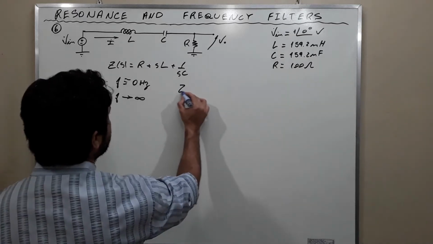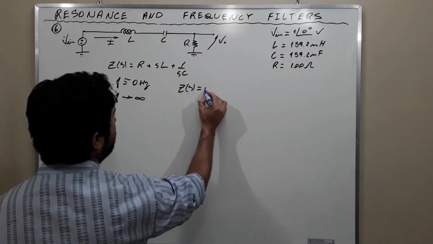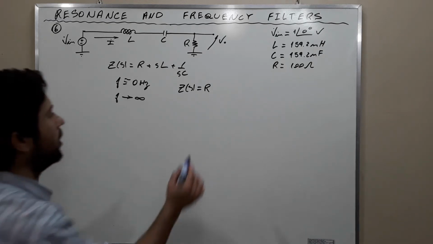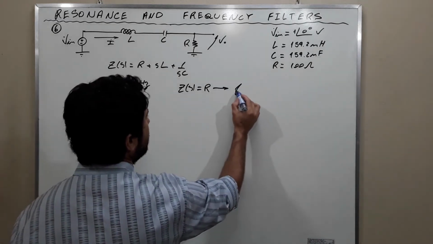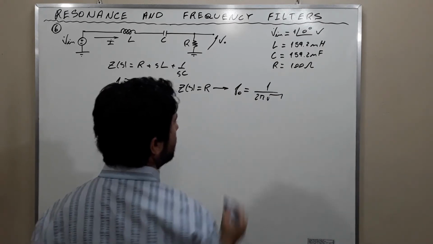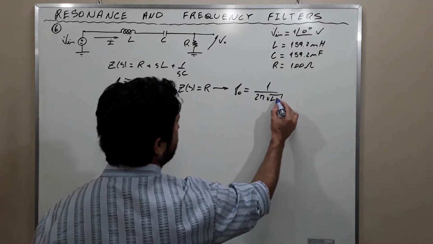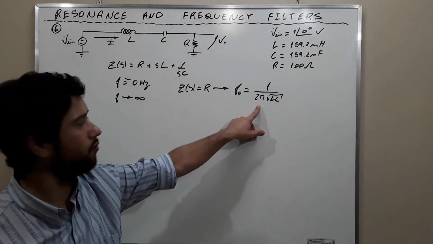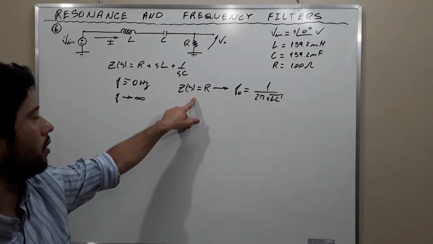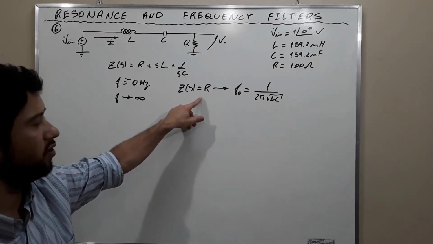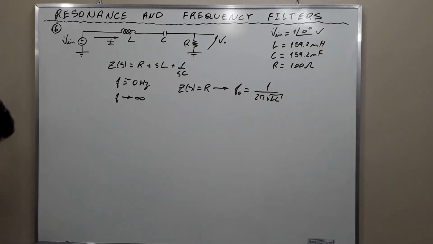When the equivalent impedance is purely resistive, we have that the resonant frequency is equal to 1 over 2 pi times the square root of LC. Okay? Only at the resonant frequency is the equivalent impedance purely resistive.